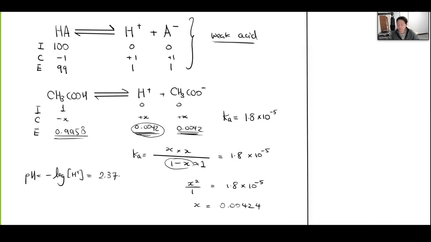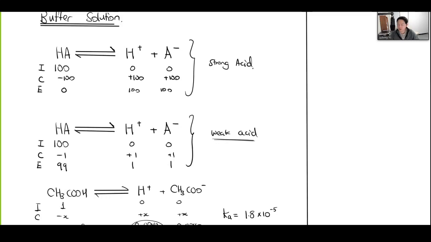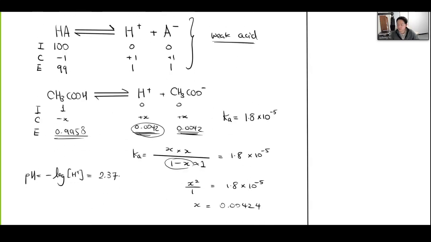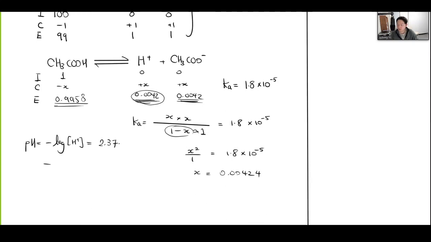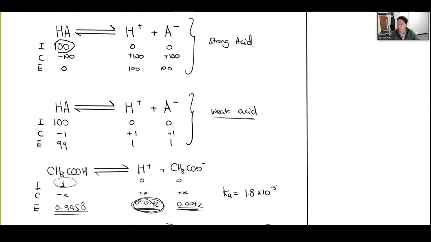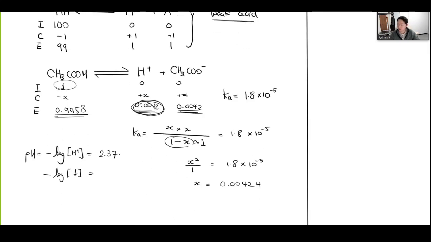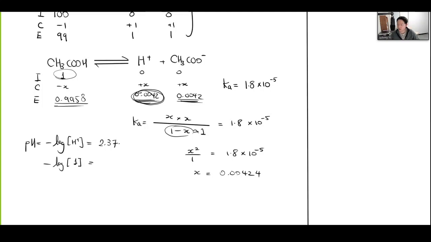Okay. But if you had a strong acid, the concentration of the hydrogen could have been just 1, because if you have 1 mole, you're going to get 1 mole of that, right? If you had started with 100, you end up with 100, right? So if you started with 1 mole, this would have given you 1 mole of hydrogen.